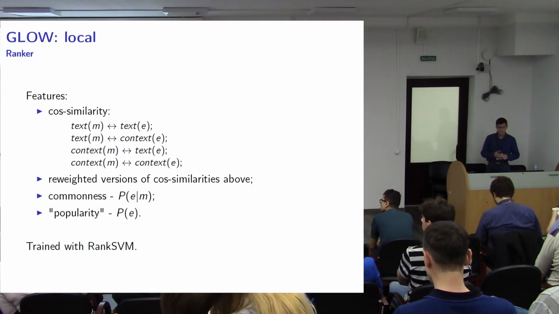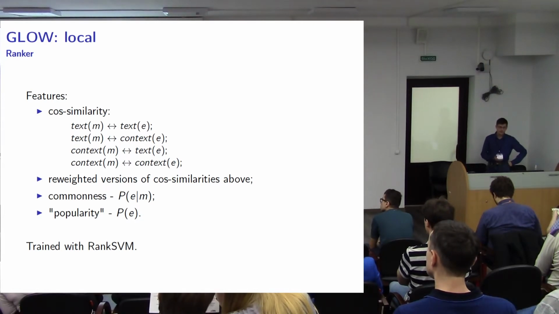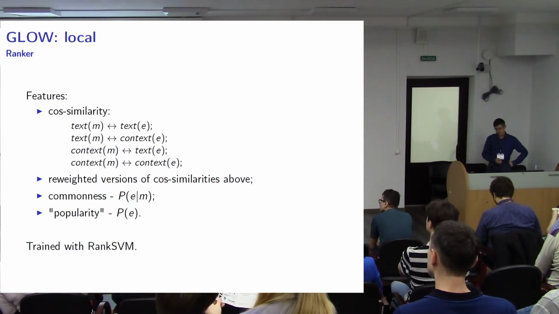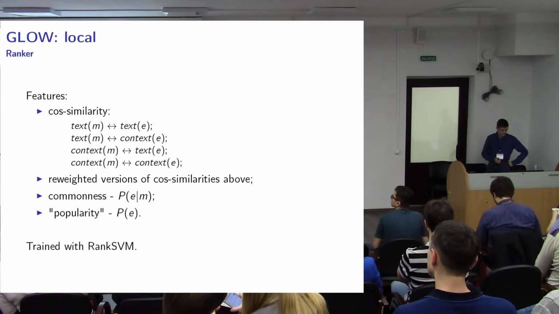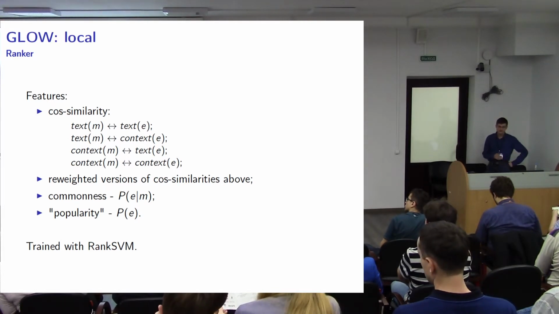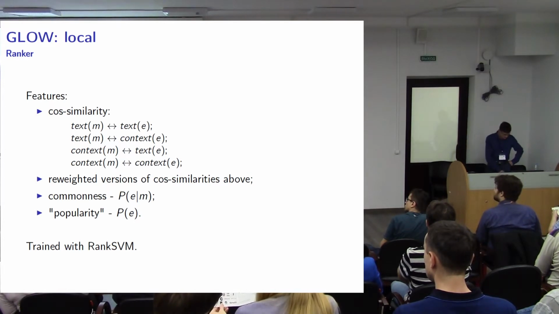In fact, it's the probability of concept E being the correct meaning of mention M. And we can compute popularity of concept E. In fact, it's the fraction of Wikipedia pages which link to E. All these features are passed to the ranker. Thus, we are able to score each meaning of the mention. If we select the best one, that's some kind of solution.